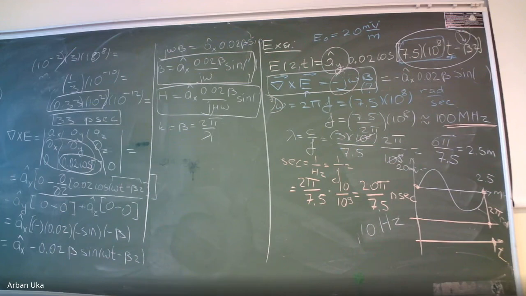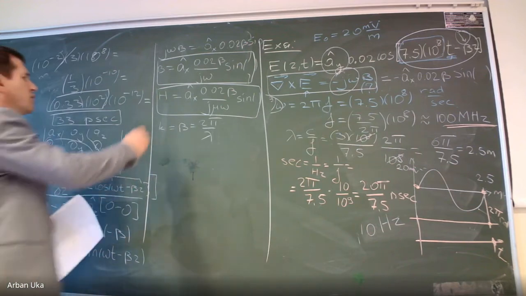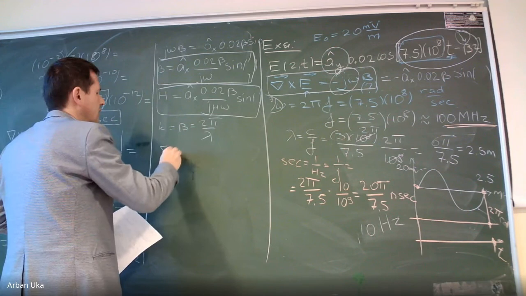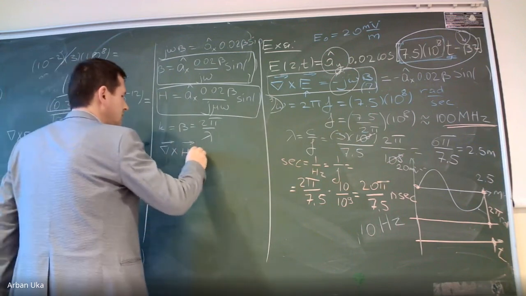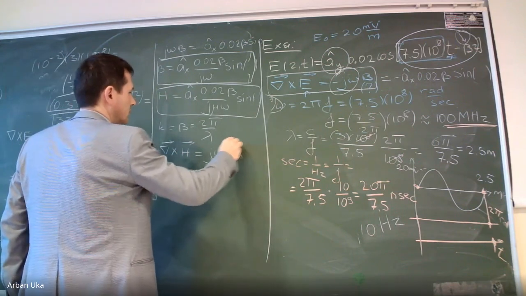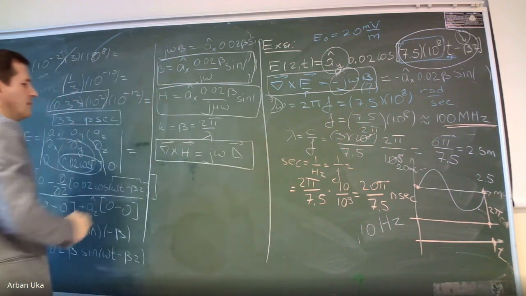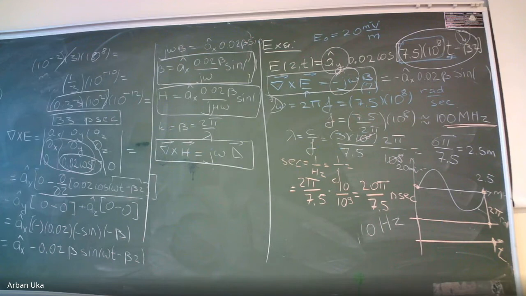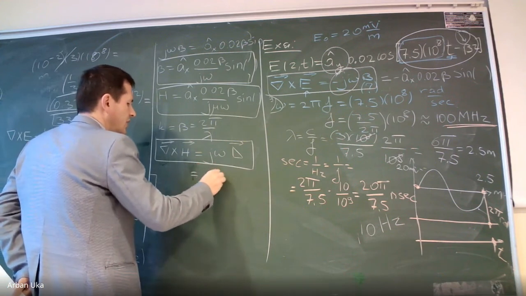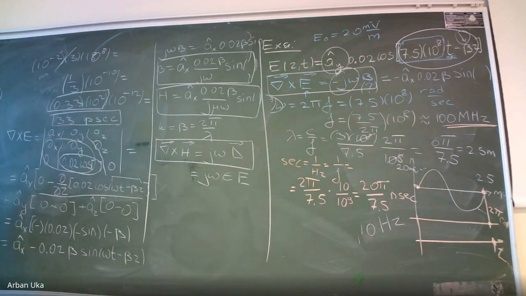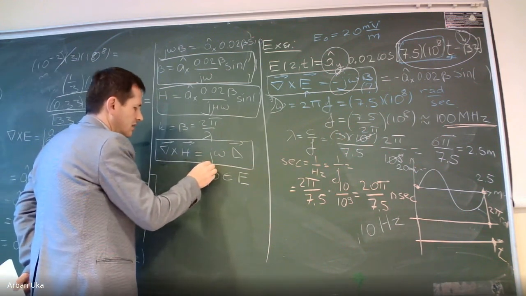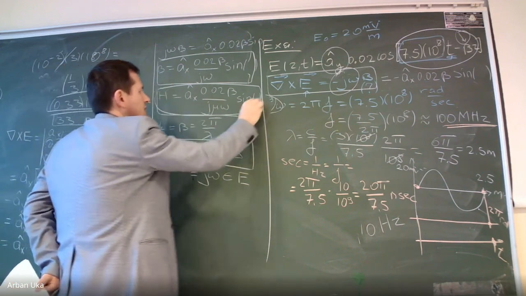But another trick that we can use, now that we know H, is another Maxwell's equation, which relates the curl of H. Out of the Maxwell's equations, we can apply another curl to find this, and this would also be equal to j omega times permittivity times E. Okay, so if we calculate another curl, then we can find the curl of this term here.